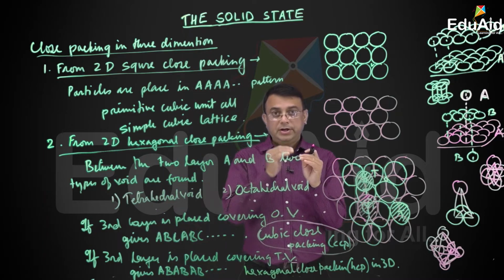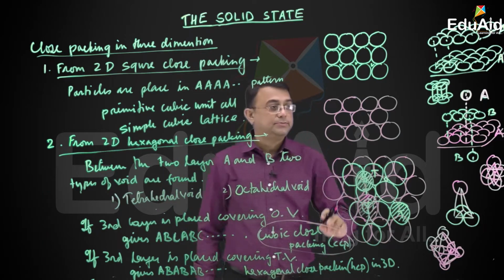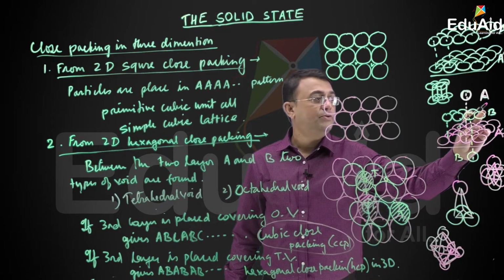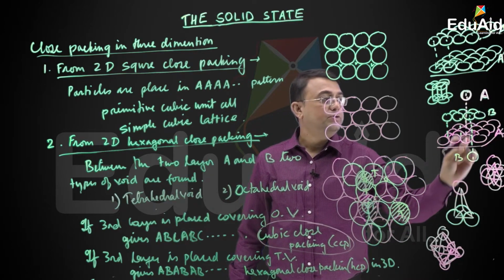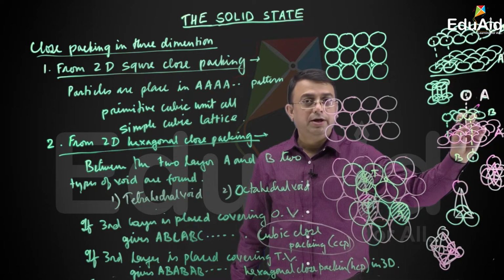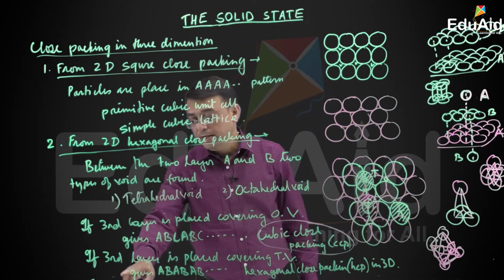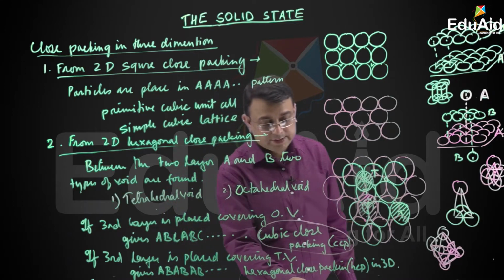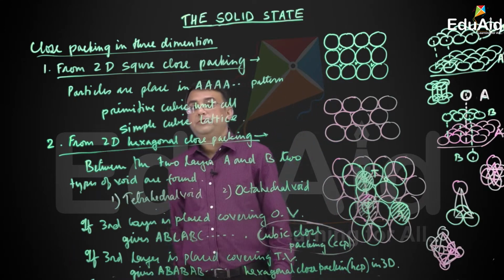And if the third layer is placed at tetrahedral voids, it either duplicates the first layer A or the second layer B. That means alternate layers duplicate. So that is why it gives an AB pattern, and it is called hexagonal close packing in 3 dimensions.